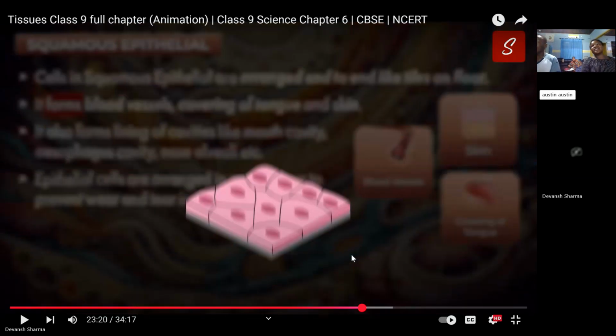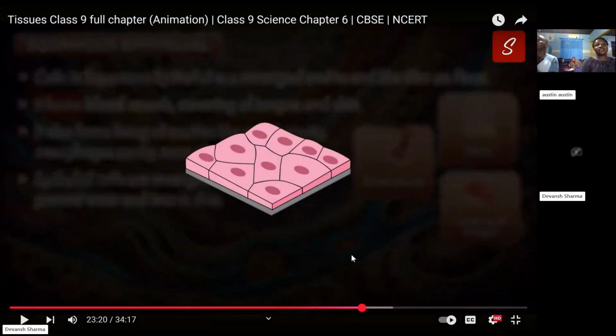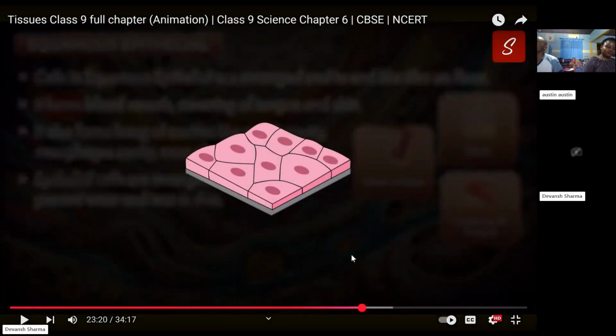Okay. So this is how the squamous epithelial tissue cells are arranged. Make the diagram.